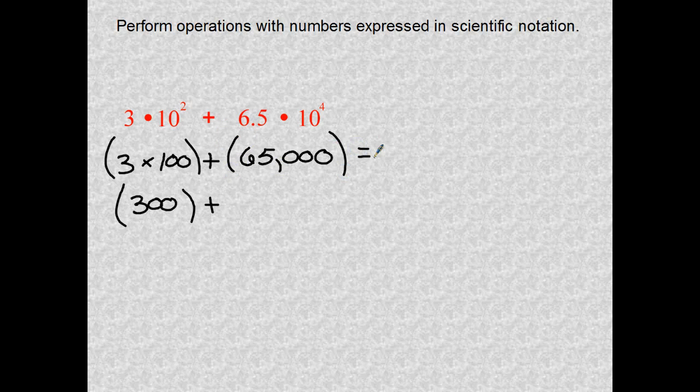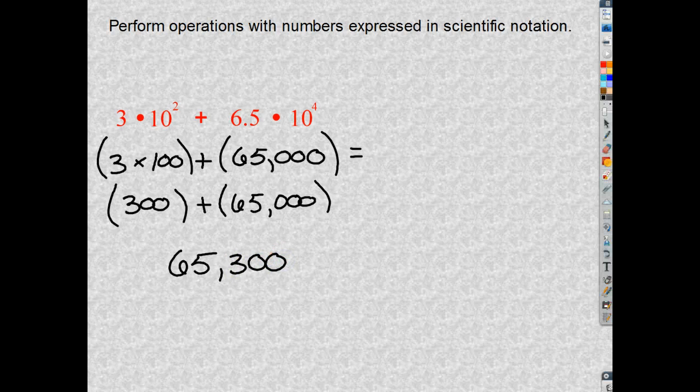And what is that equal to? 65,000 added to 300 would be 65,300.